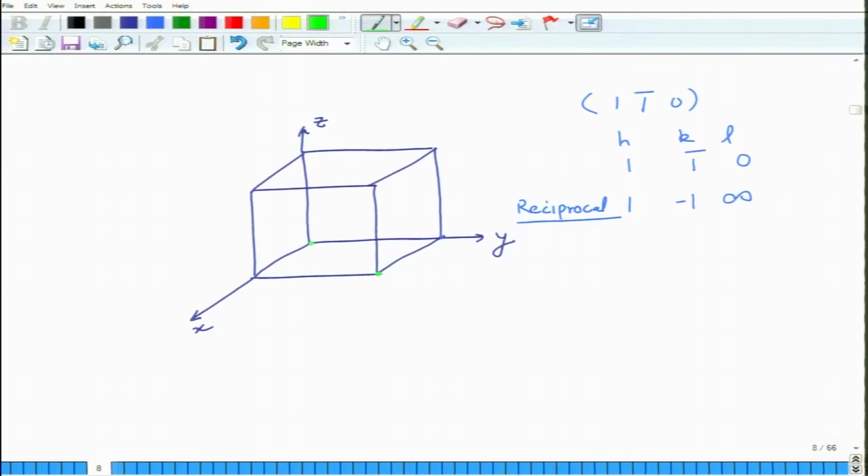So, the plane would be this and that. So, this would be the 1 bar 1 0 plane.